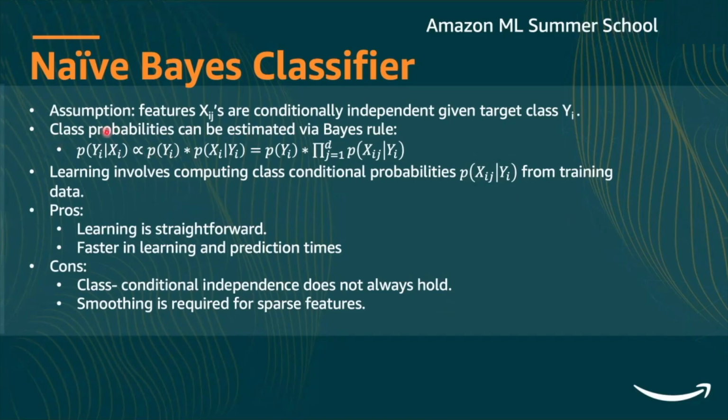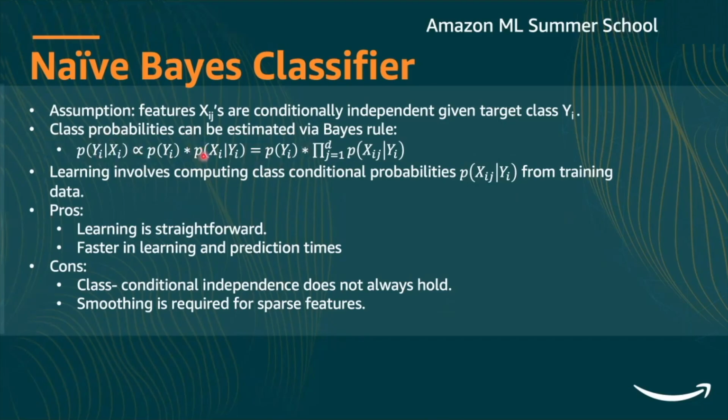So this is what it says. The model computes the probability that this point x_i has the class y_i, which can be computed using Bayes theorem as p of y_i times p of x_i given y_i. P of y_i you can compute from the data.